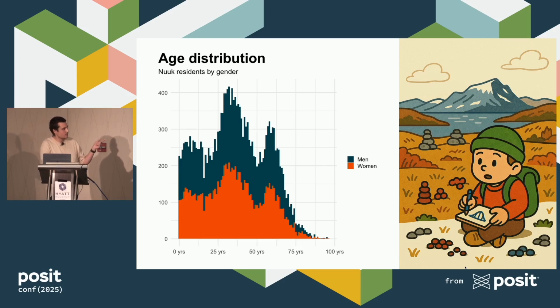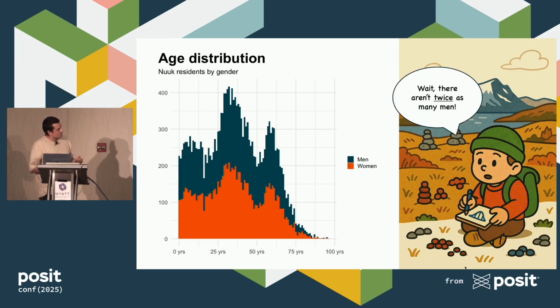Because I could show a graph like this, and because I know ggplot2 really well, I know that a histogram that is split up by the fill of it by two categoricals is going to show the two of them on top of each other, like that. So I've had people come and ask me, are there really twice as many men in town? And that's not the point that I was making.